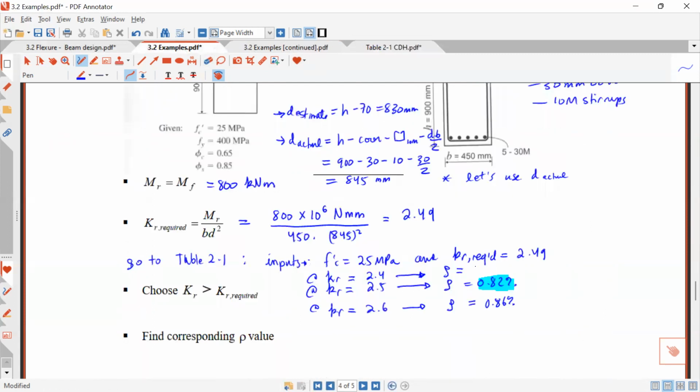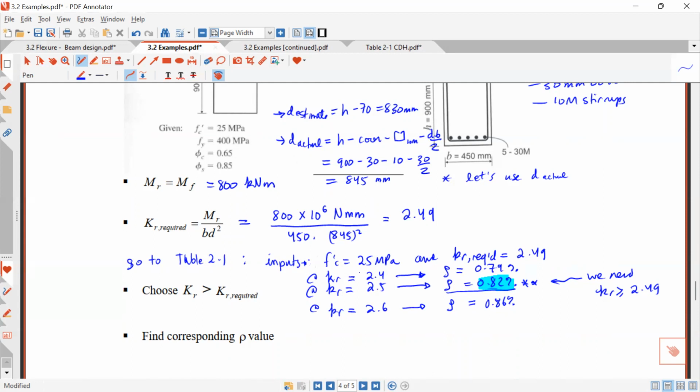Okay, so this one, 0.79%. Here, we need KR bigger or equal to 2.49. So 2.5 is close enough, right? If it was not close enough, you do an interpolation to find the rho that you need. But here I can see 2.49 and 2.5, almost the same thing, so I'm just going to continue with 0.82%.